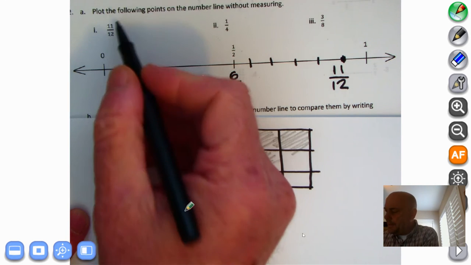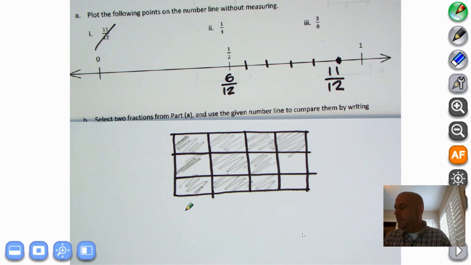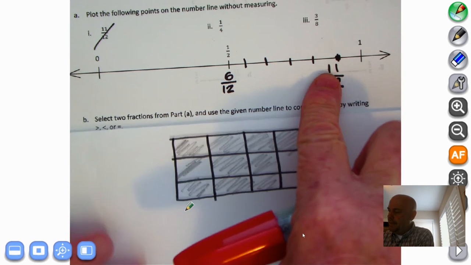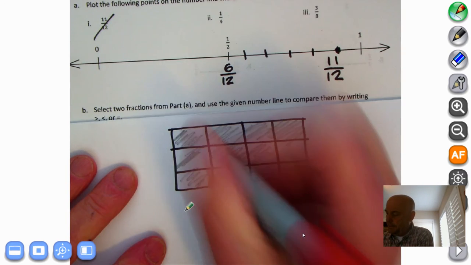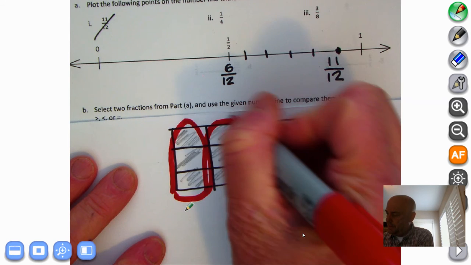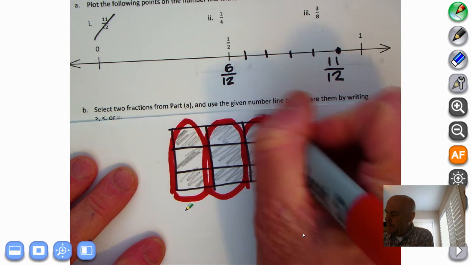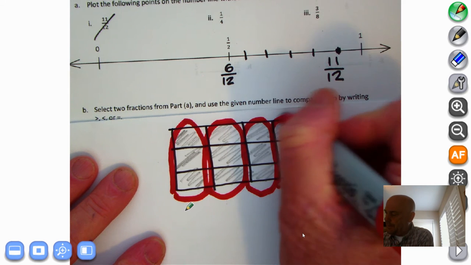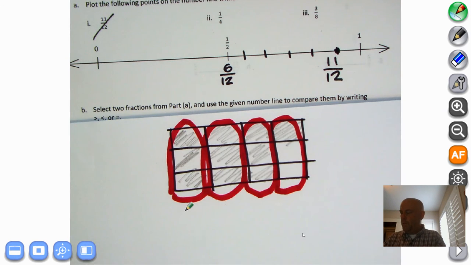11/12 we did. Let's look at 1/4. What is 1/4 of this? Well, remember way back when we were doing this, seemed like a long time ago. What if I were to take that chocolate bar and divide it into 4 pieces? 1, 2, 3, and 4. What would 1/4 equal?